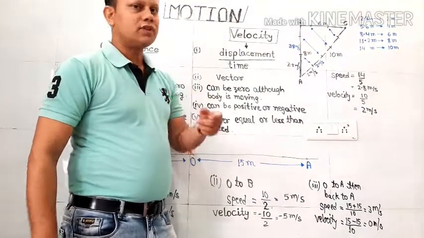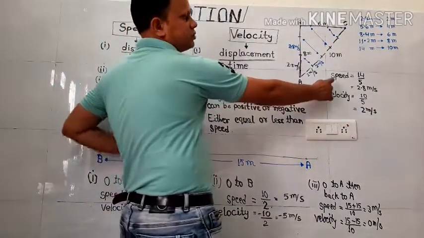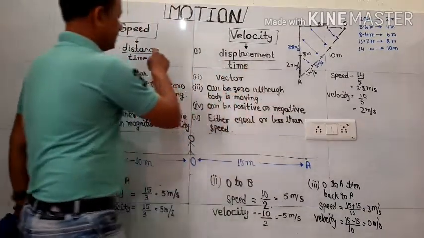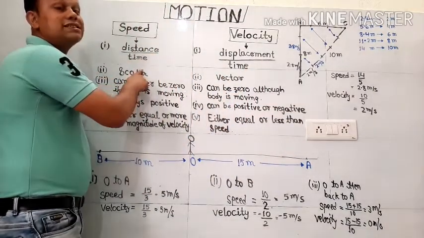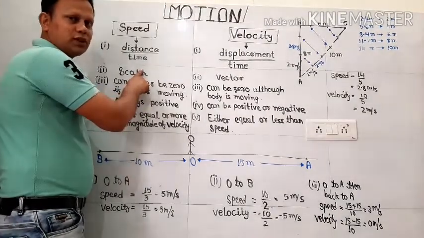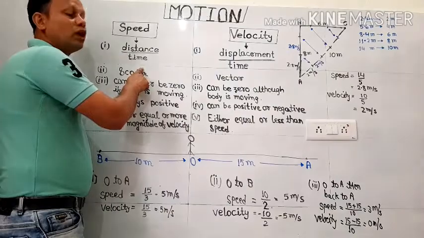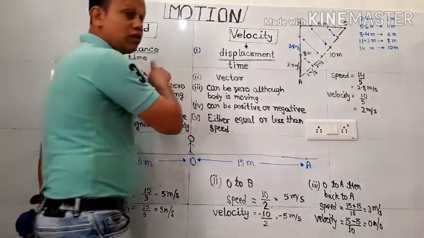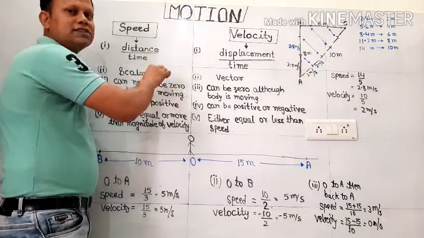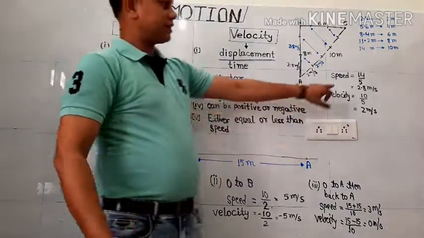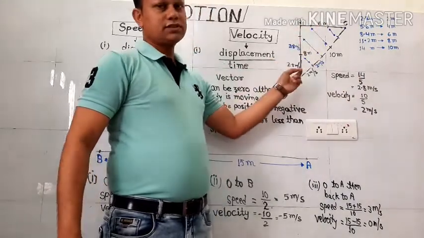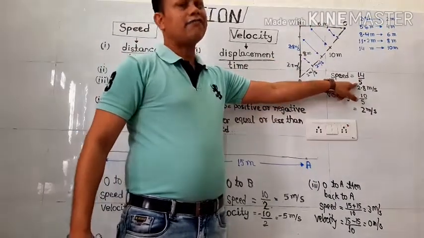Right now, if I calculate the speed for this object, what will I take? Distance upon time. That means how much total path has been traveled by the object and within what time. What we get then is distance traveled per unit time. For the speed calculation, I have taken 14 meter as the total distance and am dividing by 5 seconds.